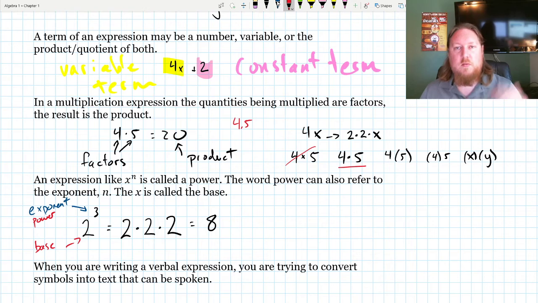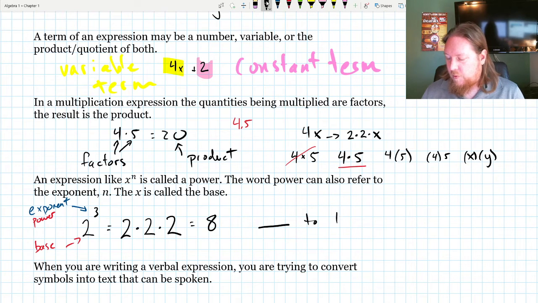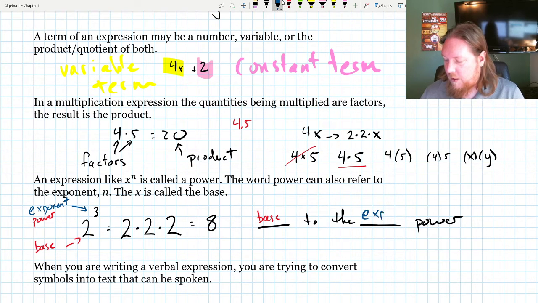We use those two interchangeably as well. Whatever feels best for the sentence that you're using it in, that's usually how you say it. These problems are usually blank to the blank power, where here you have the base, whatever the base number is, and then you have the exponent in the other spot.